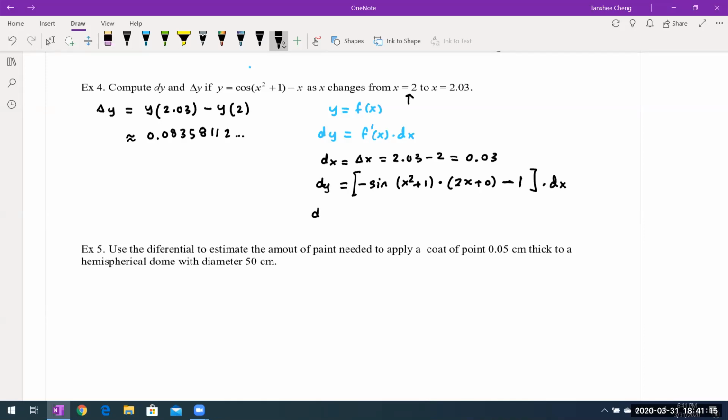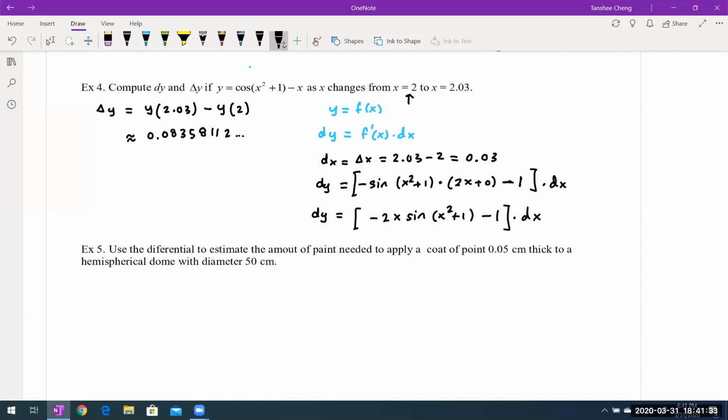So now the differential of y, simplifying a little bit, gives me negative 2x times sine of (x squared plus 1 minus x) times dx.